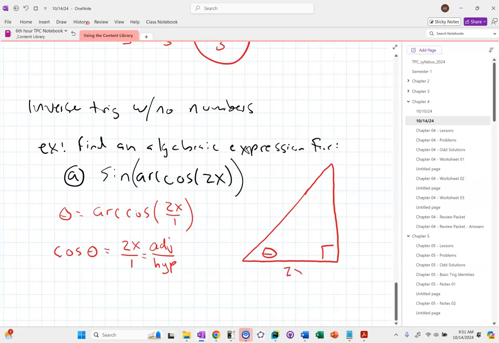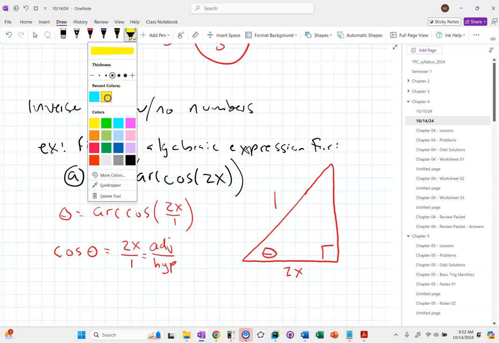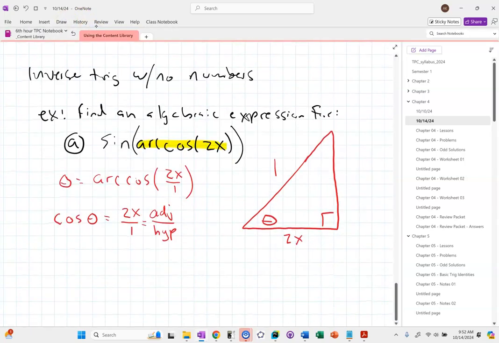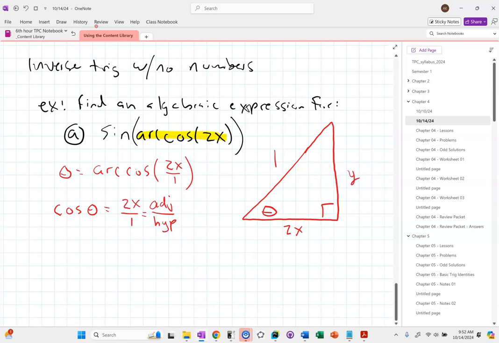So I know this side is 2x. That side is 1. And then how am I going to find that other side? I'm just going to call it y for right now. And I'm going to use the Pythagorean theorem. So I can say 2x squared plus y squared is equal to 1 squared.